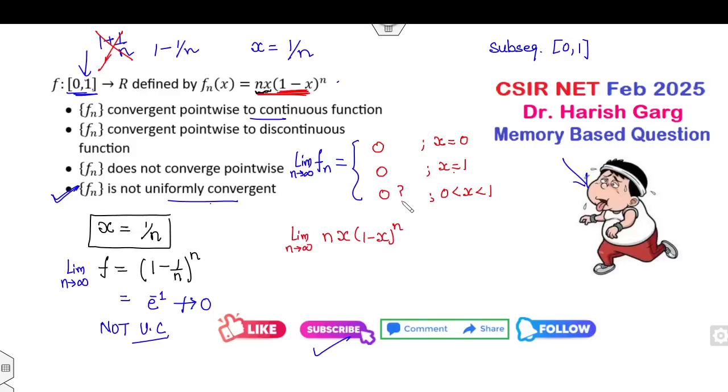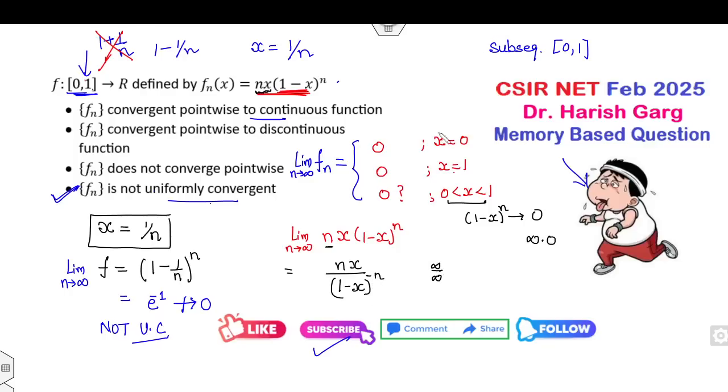But the question arises: why? Look at that. Whenever x lies between 0 and 1, 1 minus x also lies between 0 and 1. And if you take the power n and n approaches infinity, that will go to 0. But because of this n, that is infinity times 0, I can apply L'Hopital's rule. I can write this quantity in this form. Then it is of the form infinity by infinity.